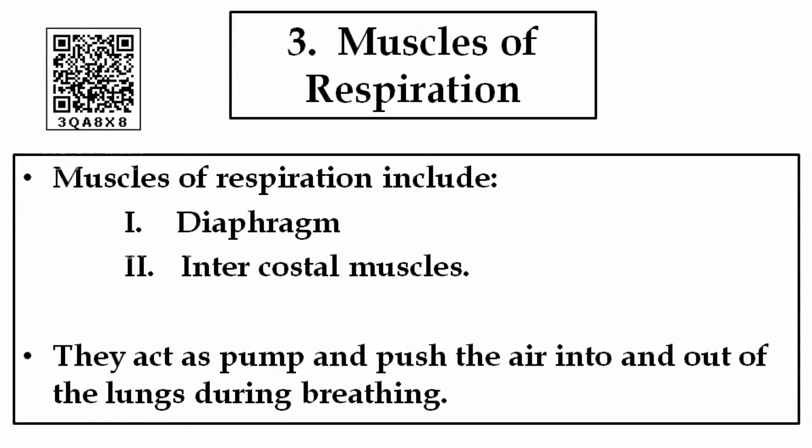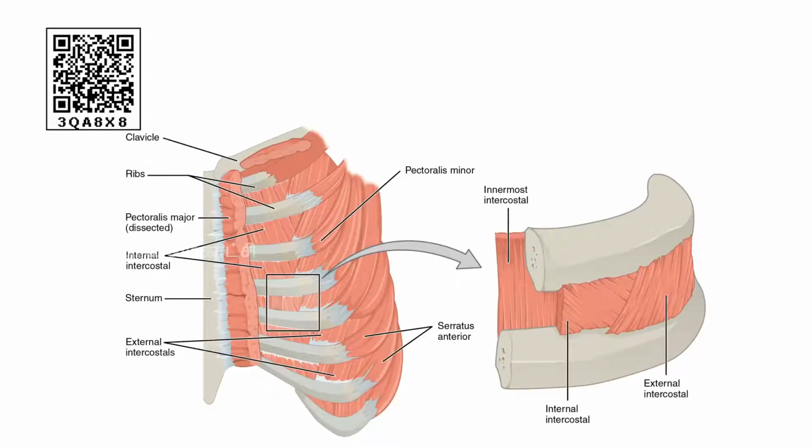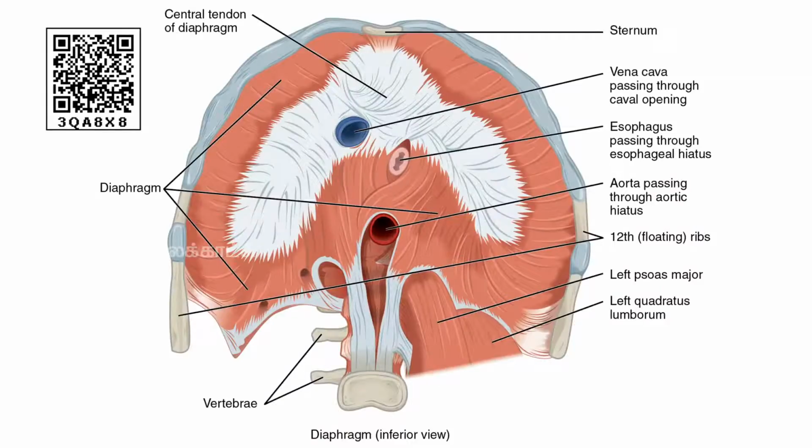Muscles of respiration. The muscles of respiration include the diaphragm and intercostal muscles. They act as a pump and push the air in and out of the lungs during breathing. As I told you, the diaphragm is the largest muscle in our body.